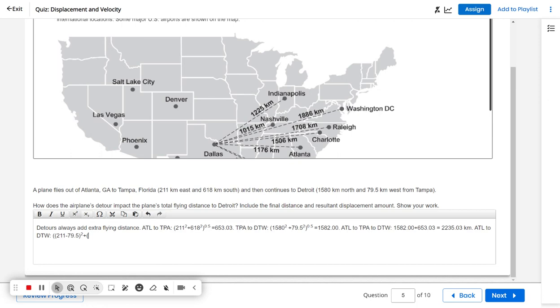Then I'm going to look at the vertical direction. The north is the 1580 minus the 618.